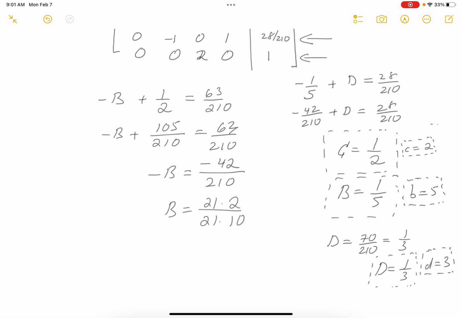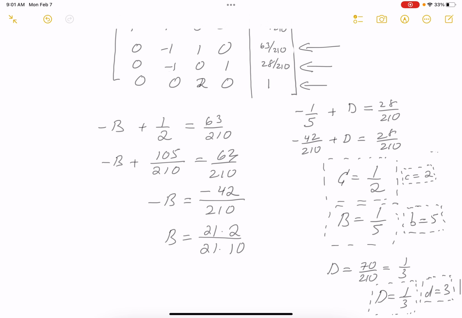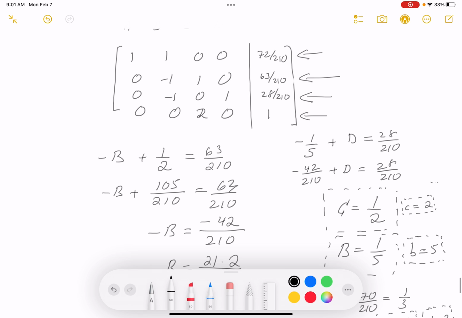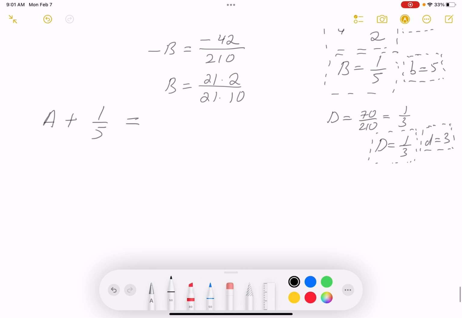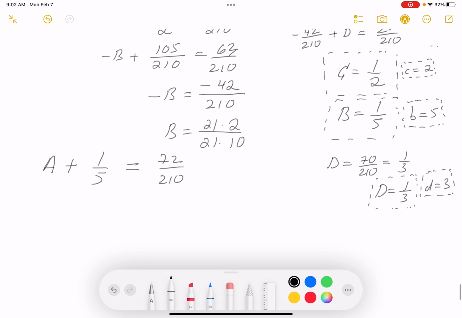I don't know if it's right, by the way. The answers are working out pretty nice, though. And I guess I didn't use this one over here, did I? So what's that one going to be? It's going to be A plus B. What's B? 1/5 is equal to 72 over 210. Well, 1/5, if you can recall, was 42 over 210.